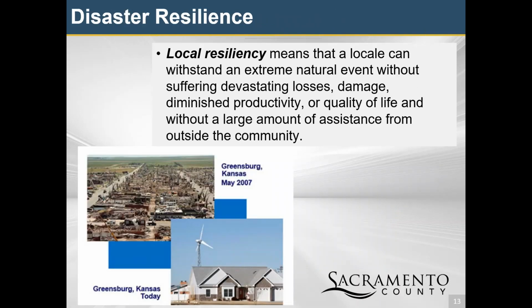Now, disaster resilience. Historically, disaster recovery was defined as an effort to put the physical community back together again. But the contemporary perspective is that disaster recovery is a social process encompassing decision making about restoration and reconstruction activities.